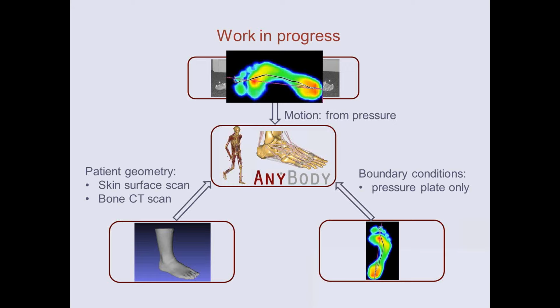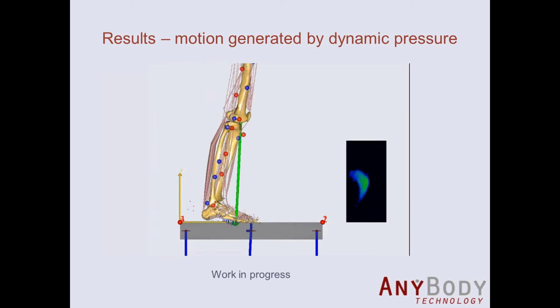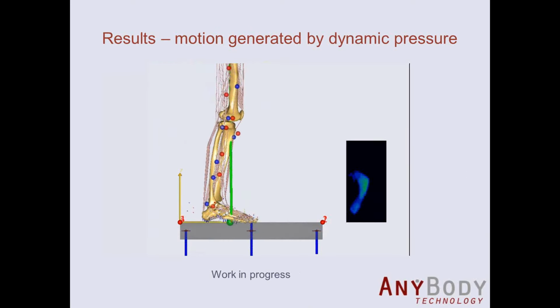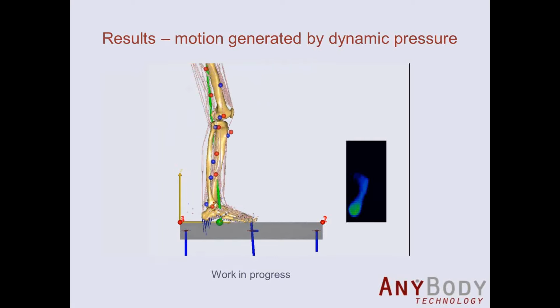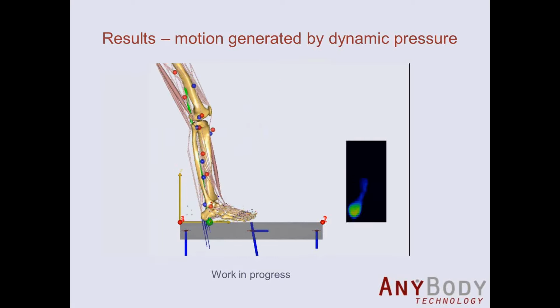model. And we can use plantar pressure to get the motion because it already gives a lot of information about the timing, the heel strike, the heel roll, also how much the foot is going down during the stance phase, etc. So you can see now a video about the work we've been doing in this direction.